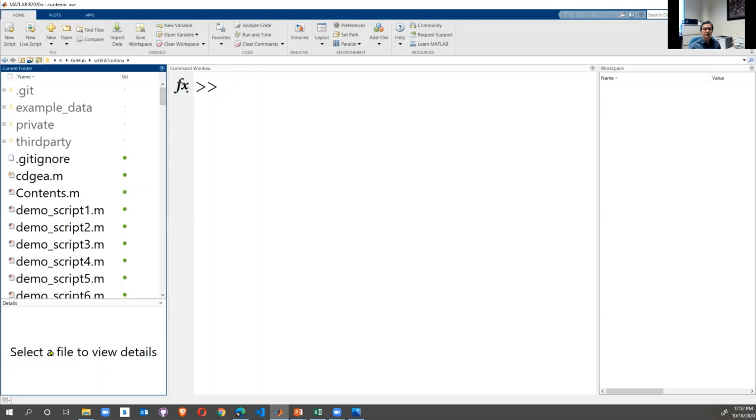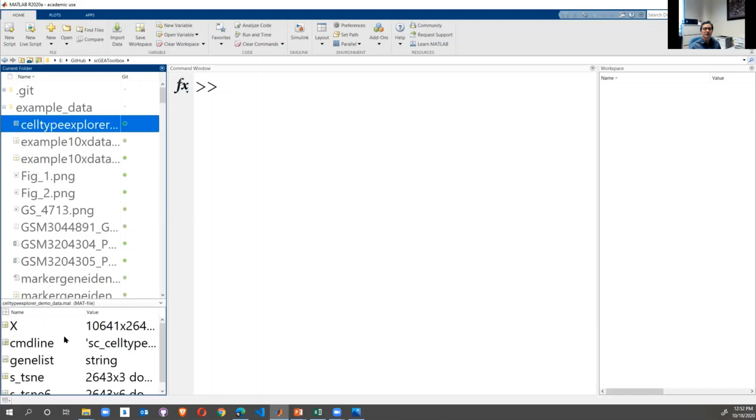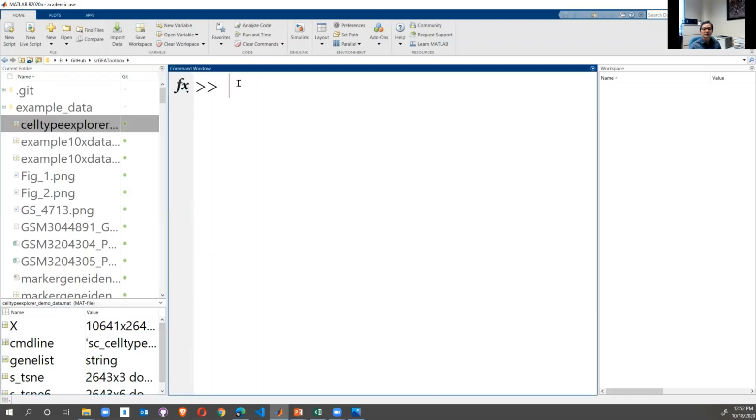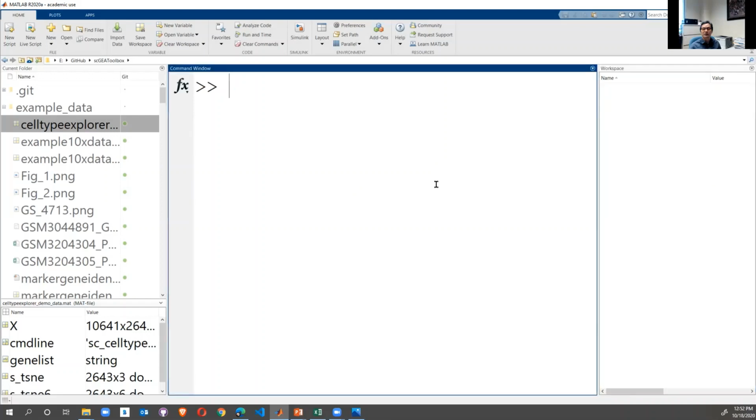And here you have the preview of your files, and your example data, for example, is here. So it has this matrix X and has a gene list. In the middle is the command window, and then on the right is the workspace to tell you what's right now in the memory of the computer and in the workspace environment.